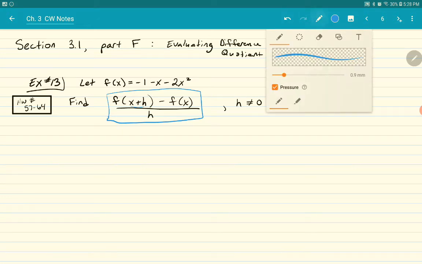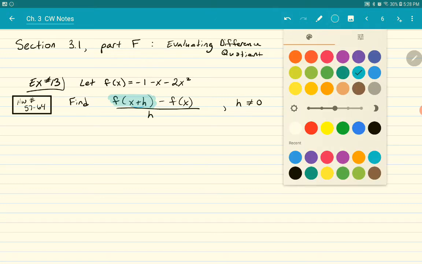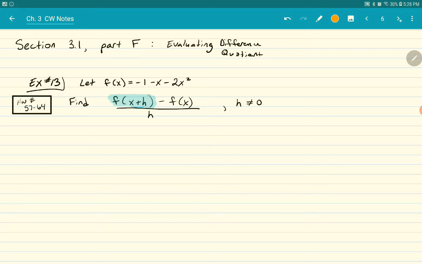This gets a little messy, so it helps to break it apart and do this part first, and then plug it back into the difference quotient. This part is already given to us in the original function, so we make sure we do minus that.